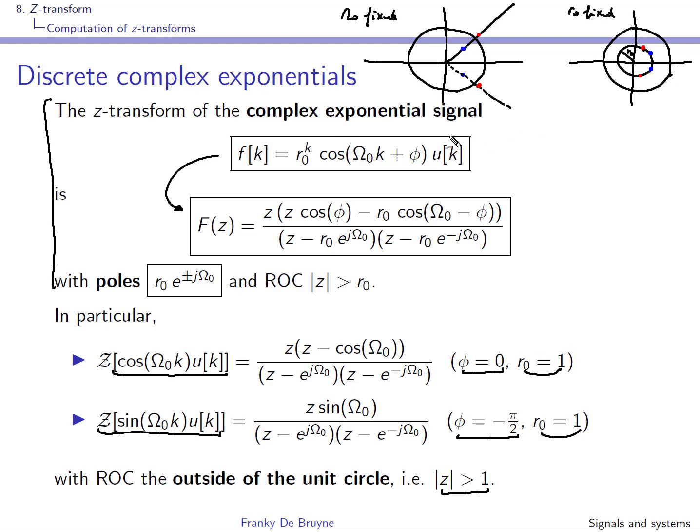So let us take here the case of the two complex conjugate poles in blue. Since the radius is smaller than 1, it's 0.5 here, what you will have here is a cosine at a certain frequency dictated by omega 0, but that will be modulated by something exponentially decreasing.